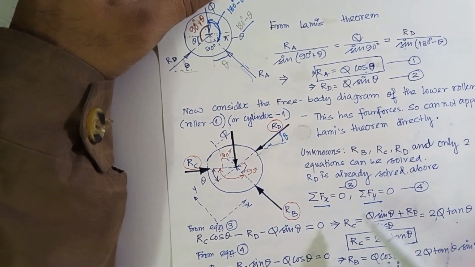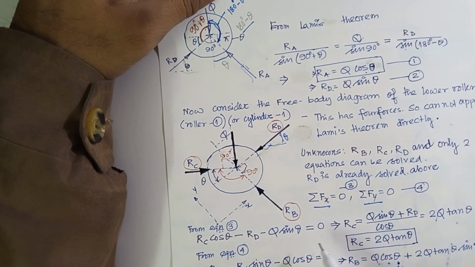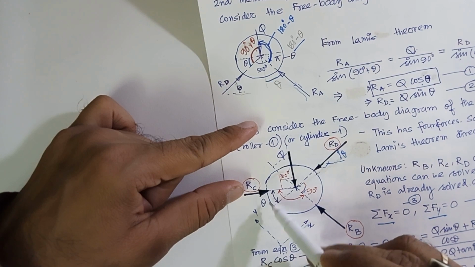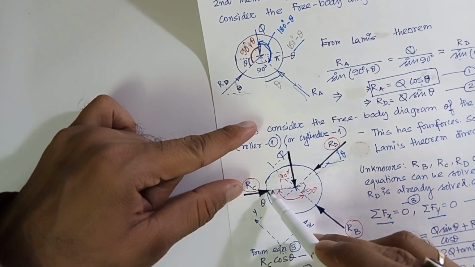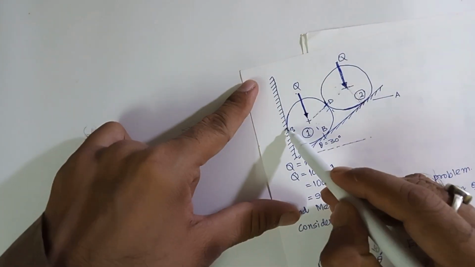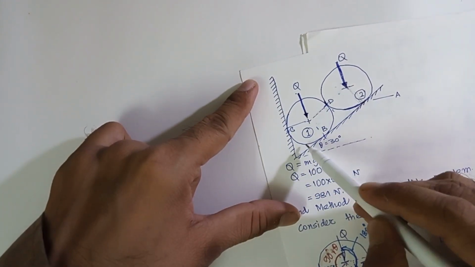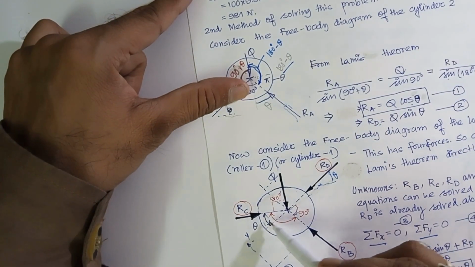Okay. So Fx is equal to 0 will give RC cos theta. Why? RC is making angle theta with the inclined plane, because this is horizontal, and this is inclined. So the angle between RC and the inclined plane is theta.